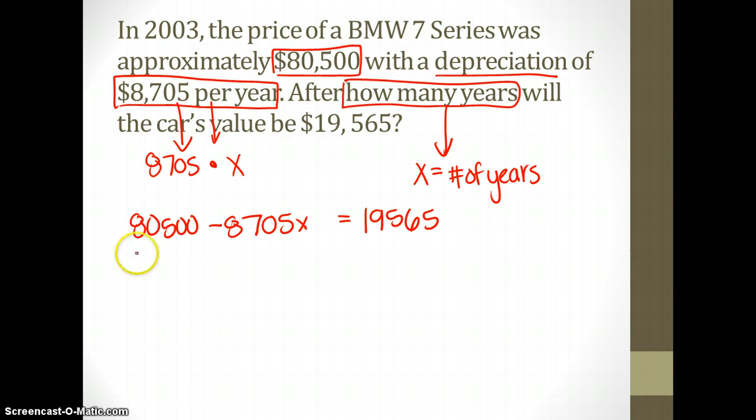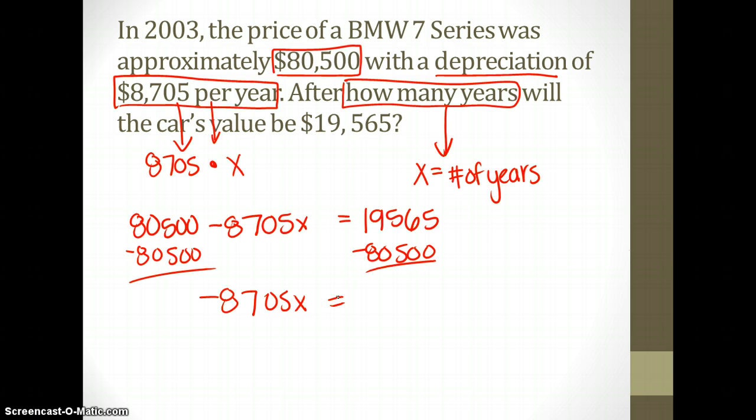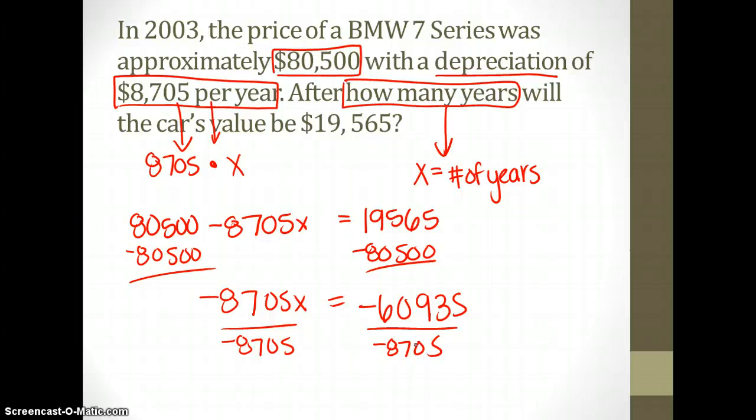To solve this and figure out how many years, do your basic solving steps, and you should get the number of years when we get to that specific value, assuming we don't want to just count down every year.